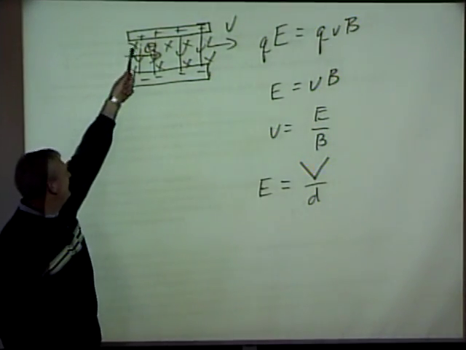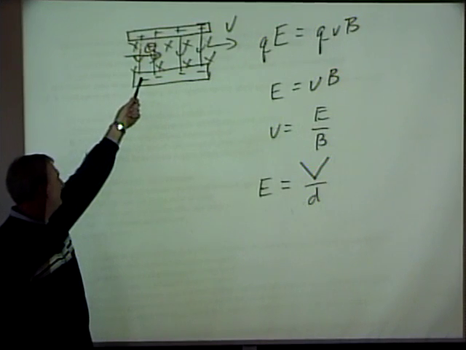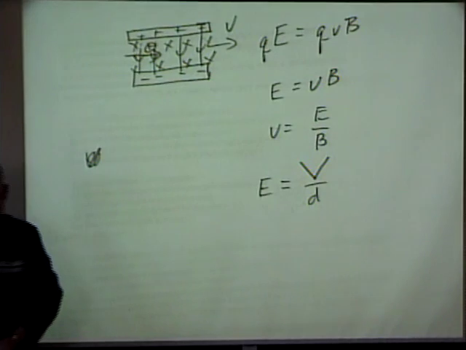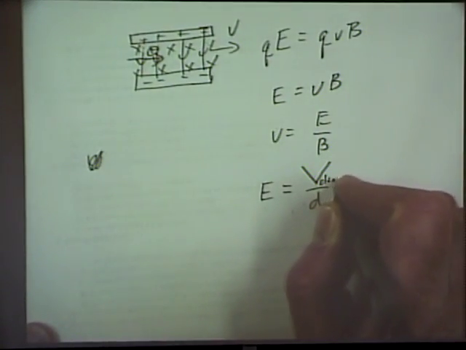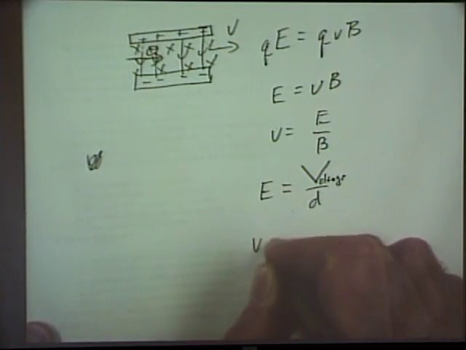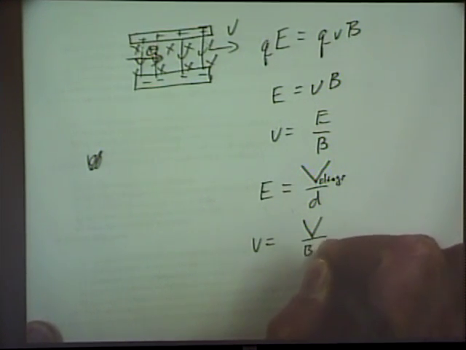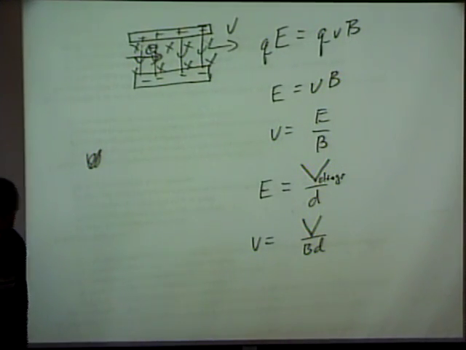It's the voltage, the potential, in other words, how much charge is up here and up here, the voltage, divided by the distance it's charged. So this is the voltage. And so the velocity of this thing coming through there is equal to the voltage over B times D. That's kind of cool. See how you can interact all these things together?